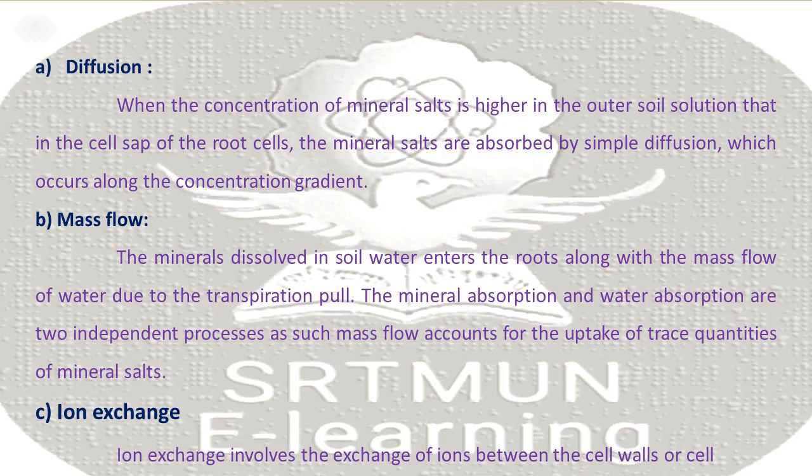When the concentration of mineral salts is higher in the outer soil solution than in the cell sap of the root cells, the mineral salts are absorbed by simple diffusion, which occurs along the concentration gradient.